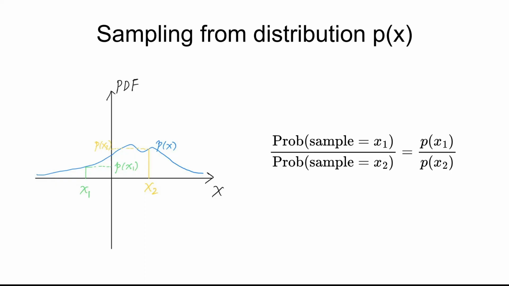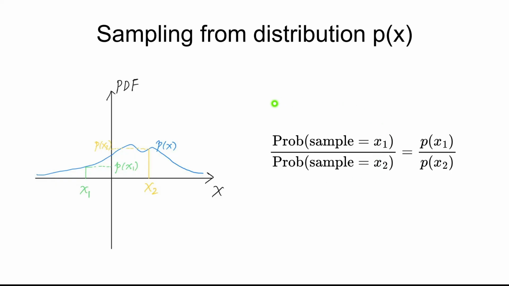Okay, so just as a recap, we basically want to see what the requirements are for sampling from a specific distribution P of X. When we talk about sampling from P of X, we are actually talking about generating samples such that the probability of selecting any sample is proportional to P of X. So for example, the probability of sampling x1 is proportional to P of x1, and the probability of sampling x2 is proportional to P of x2.